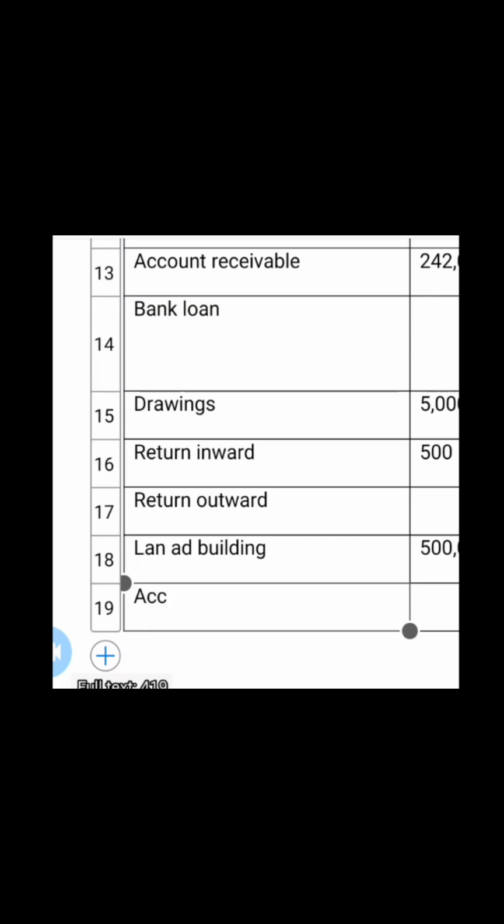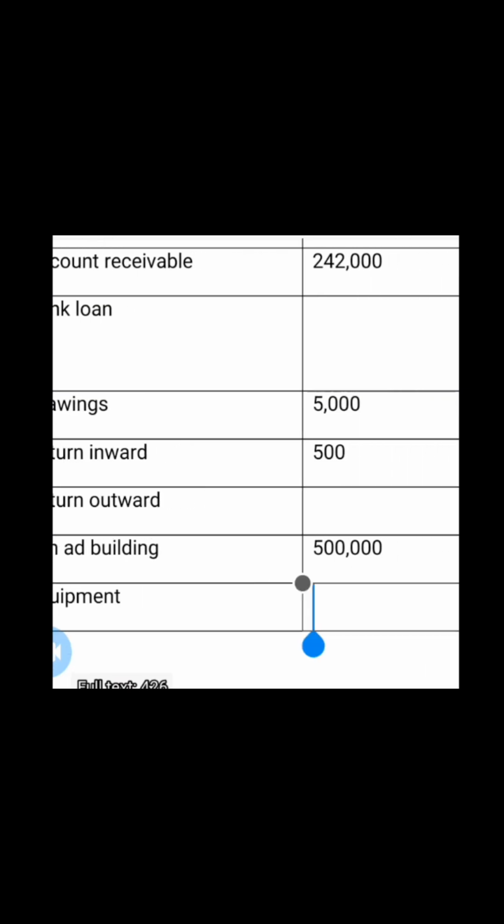Then the next one is equipment. So equipment is also a property of an enterprise and is expected to have a debit balance.